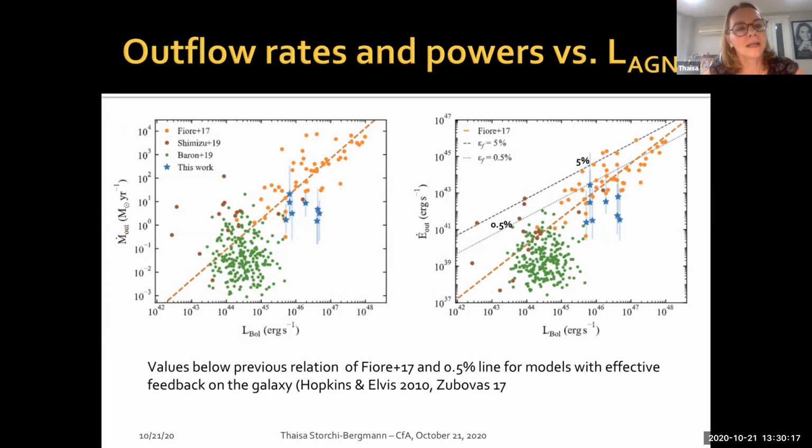Yeah, I like very much this work by Fabrizio, because he collected from the literature all the data from people calculating outflows, from radio, and this one is from ionized gas, because we are doing ionized gas. And then he calculated himself using the same methodology. So he forgot about what people had done and did the calculations himself using the same assumptions.